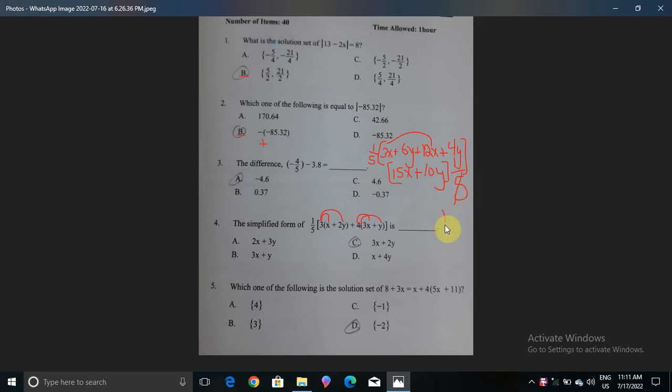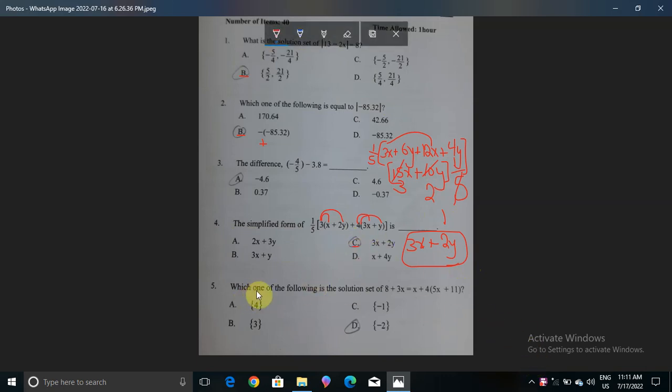Then here by 1, by 2, and here by 3. So the last answer will be 3x plus 2y. So it is in choice C, which means choice C is the correct answer for question number 4.